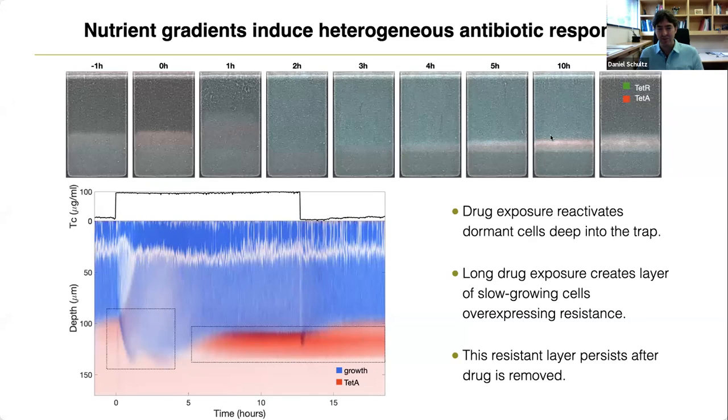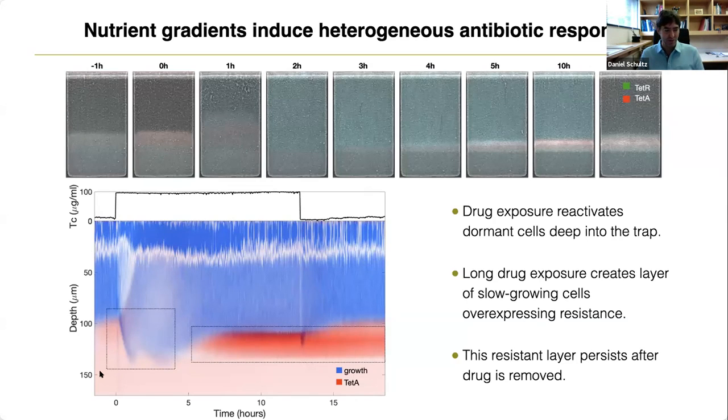And at the end, they're not growing anymore because the boundary shifts back up as the cells consume more resources. And then you create this layer of very resistant dormant cells that stays even after you take the drug out. So this basically creates this layer of dormant cells with high expression of resistance that primes the colony to be more resistant to subsequent drug exposures.